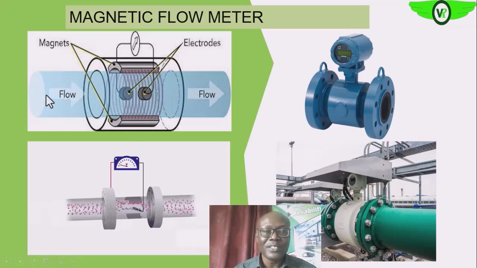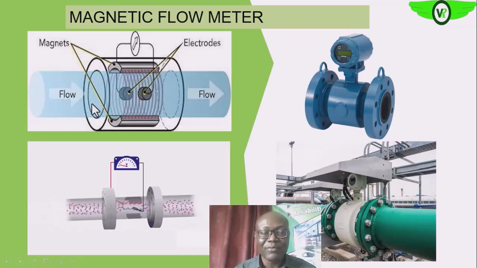So as the fluid is flowing through, you see these electrodes, okay, the fluid will momentarily at that point complete the connection, and since voltage or electric current has been induced in it, it will run through this circuit, because it will at the end of the day close the circuit, and then you have your reading. So the magnitude of induction is determined by the flow rate.